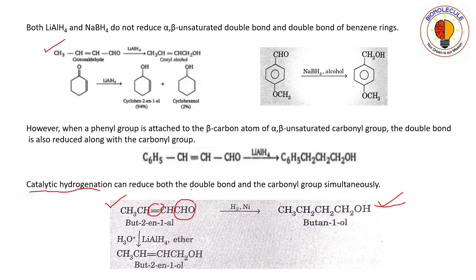Note here that this one does not contain any phenyl group, it is a methyl group. Whereas if we use lithium aluminum hydride, this unsaturation remains intact, whereas with catalytic hydrogenation, this unsaturation gets reduced.